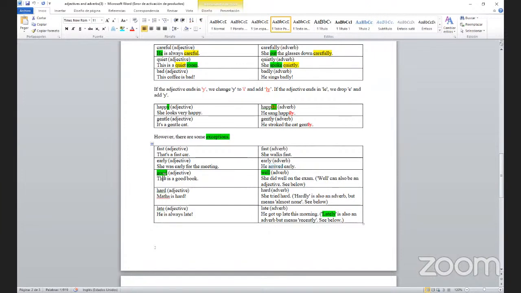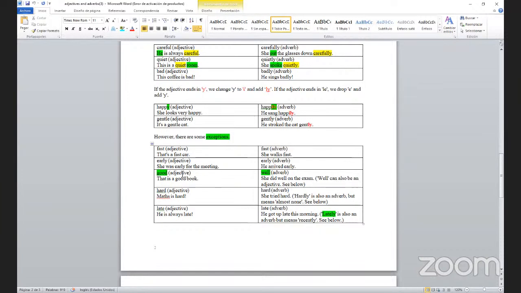So, good. And this good, we don't add ly, and it is not good for adverbs. Good is the adjective, bien, bueno, that is a good book, or the adverb, well. She did well on the exam, okay, on the exam. So, ella hizo bien en el examen, okay?